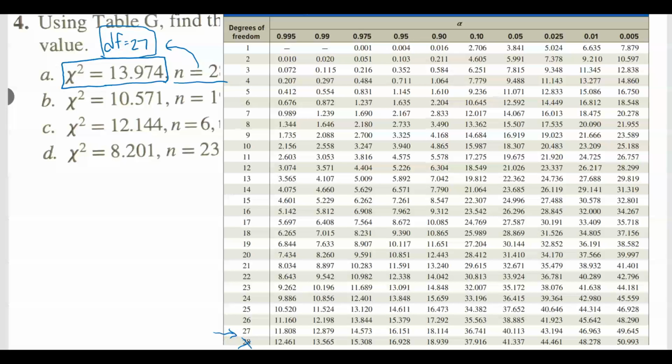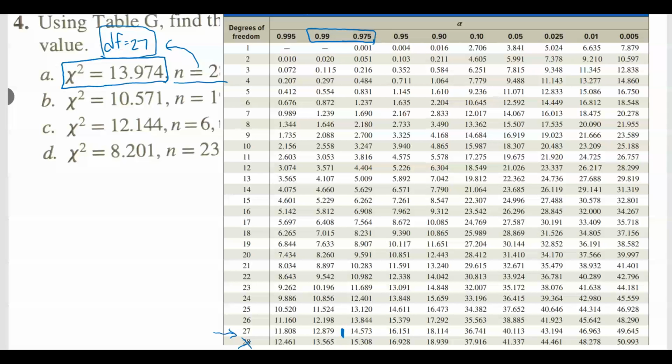I do not have 13.9, but it should reside right here between 12.8 and 14.5. So 13.9 should be living in between those two, and the range is going to be between this and this.